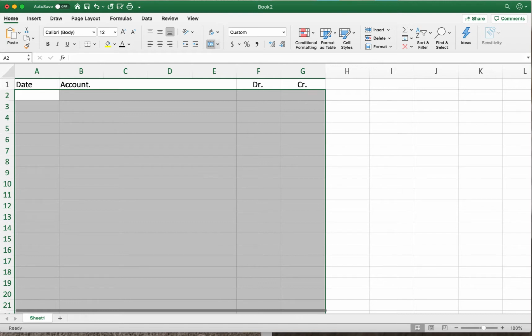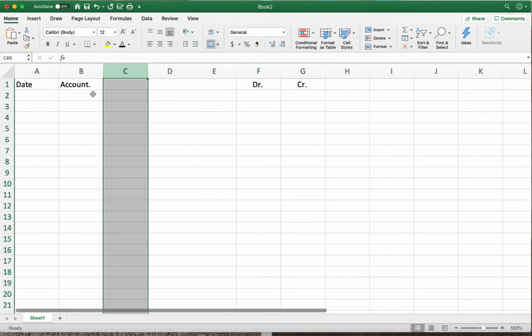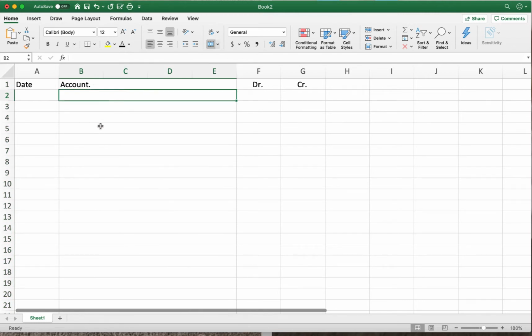So let's just start off with exercise 15-2, okay? Please notice how I set up the journal, right? I merged and centered 4 columns here to make sure that we have enough room to put our debits and credits. Please set your journal entry, or for your homework, whenever you have to do a journal, please set it up identical to this.